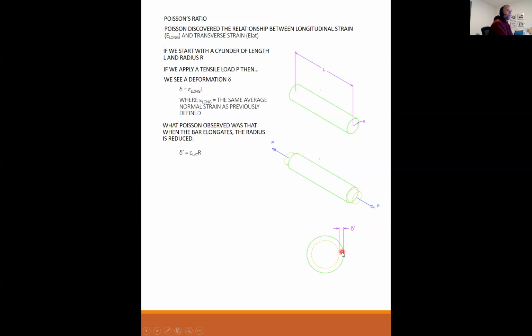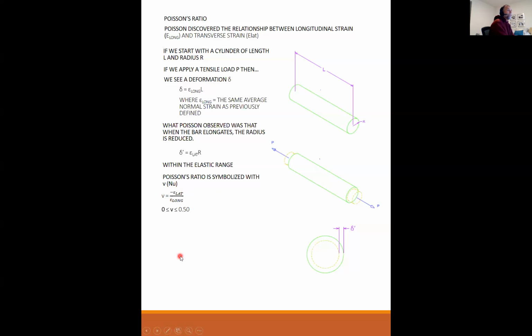Poisson's ratio is symbolized with the Greek letter nu. It's kind of like a squiggly V, but this is known as nu. Nu is defined as the negative of the lateral strain over the longitudinal strain. Nu is material specific. It is defined for each material.